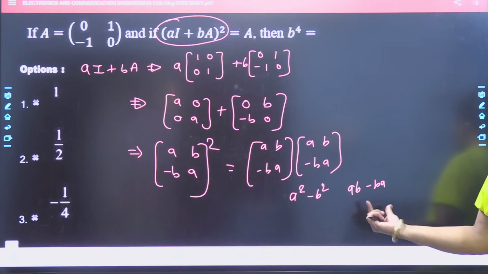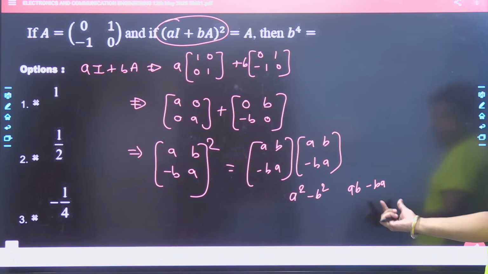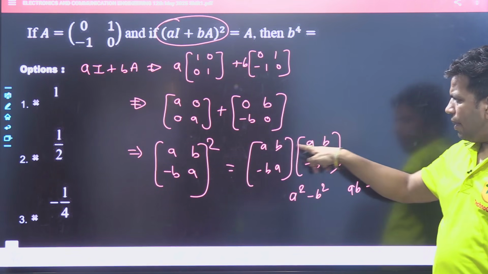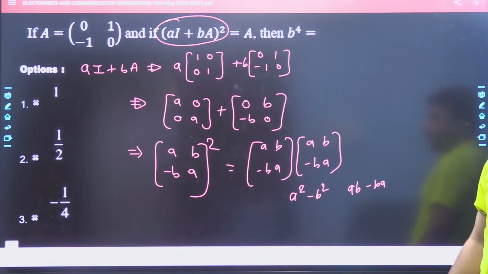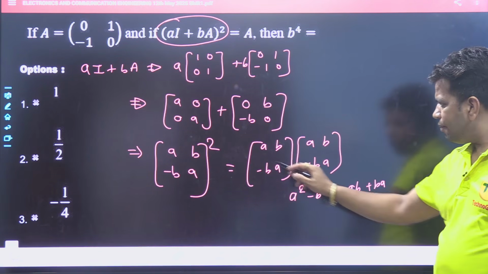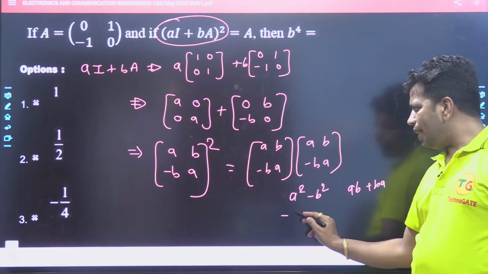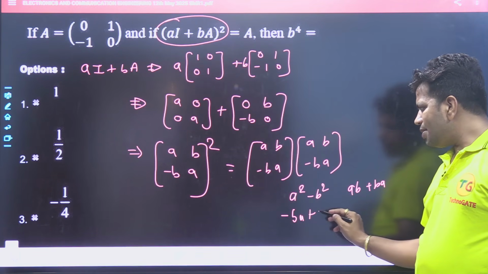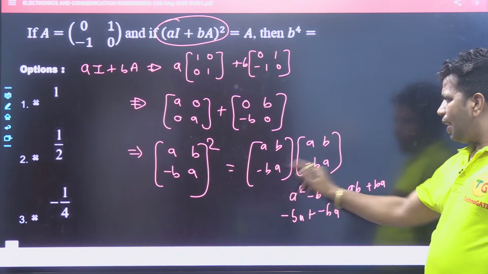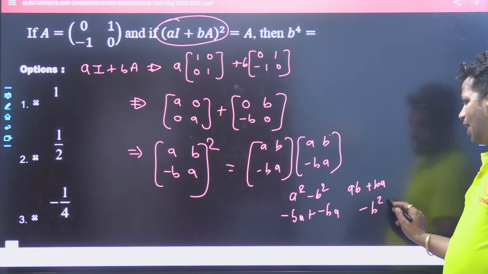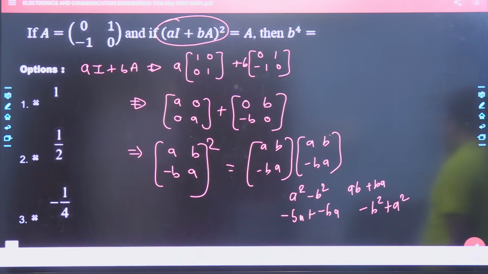Can we say that this term is nothing, it's simply this multiplied with that, and that's B multiplied with A. Okay. Now see here, addition between them. Minus B with this, so minus BA plus minus BA, and minus BB, this is minus B square plus A square.